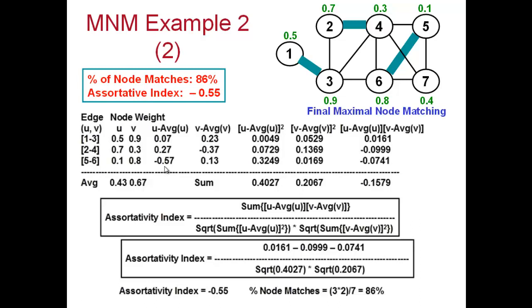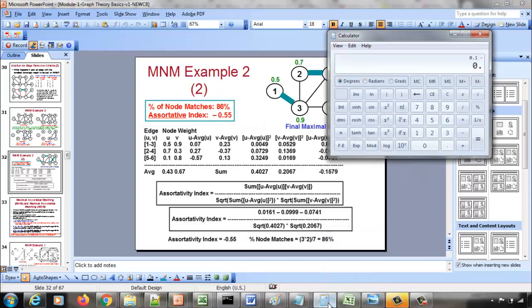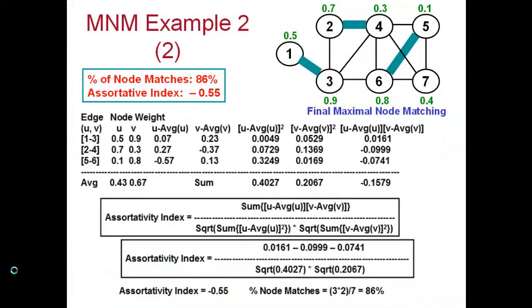I think this is where there's a mistake in these calculations. It should be negative 0.33, because it's 0.1 minus 0.43. Somehow messed up. Okay, so let us go with negative 0.57. It's not going to make a big difference. I'll update the numbers after the class.